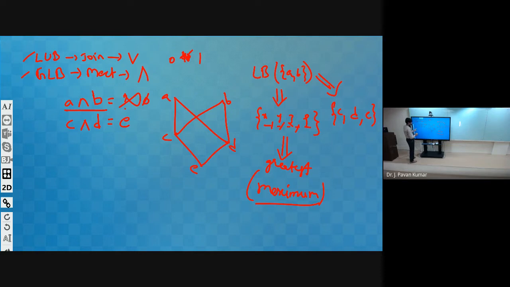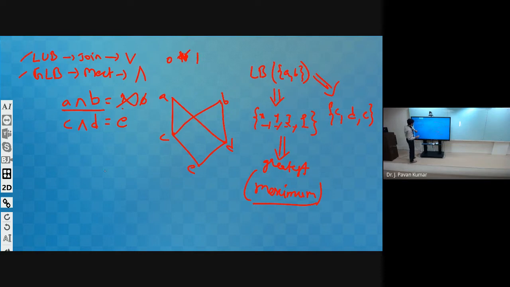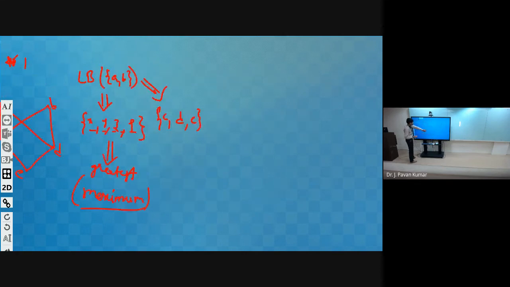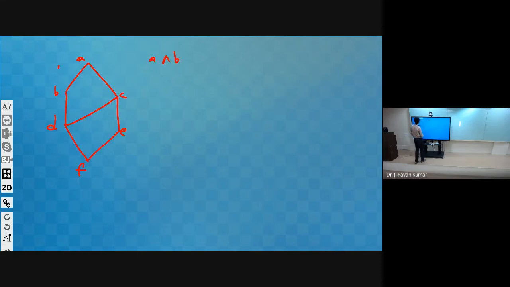Now consider another example. A, B, C, D, E, F. Now consider A meet B. What's the answer?